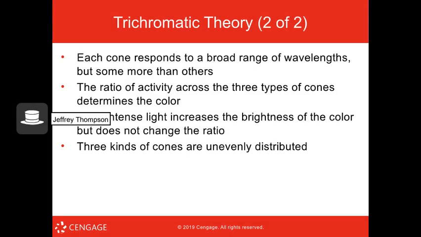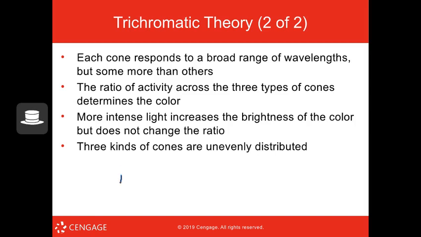So every cone responds to a broad range of wavelengths, but some are going to be more receptive to certain wavelengths. That ratio of activity across the three types of cones determines the color, right?